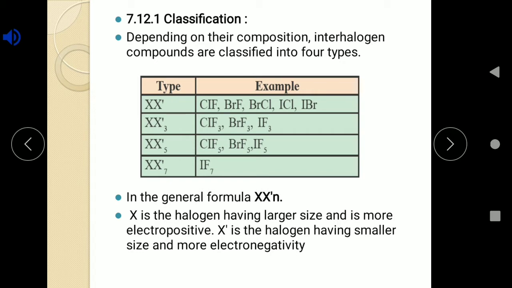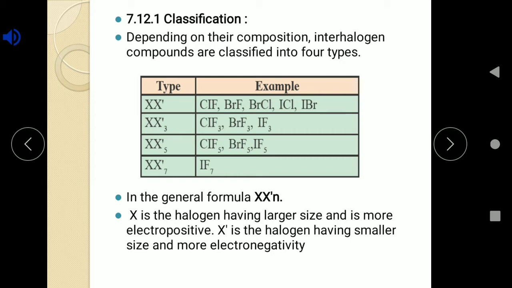That means halogens which are at the lower side are less electronegative and larger in size. So X will always be the halogen which is at the lower side, and X' will always be the halogen with smaller atomic size and higher electronegativity, that means which is located above X.